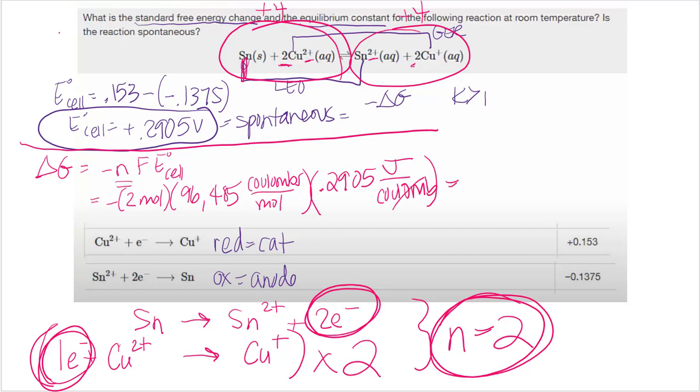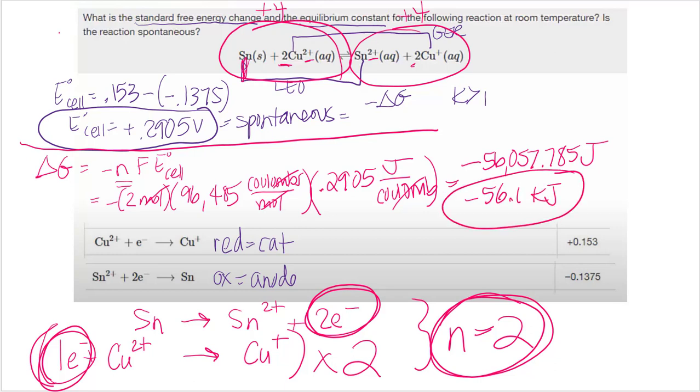Just so we can see those units cancel, coulombs, coulombs, moles, moles, and we're left with joules. That should give us -56,057.785 joules, and I want my delta G in kilojoules, so we're going to just say -56.1 kilojoules. That's good. That's a very negative number. That's what we want.